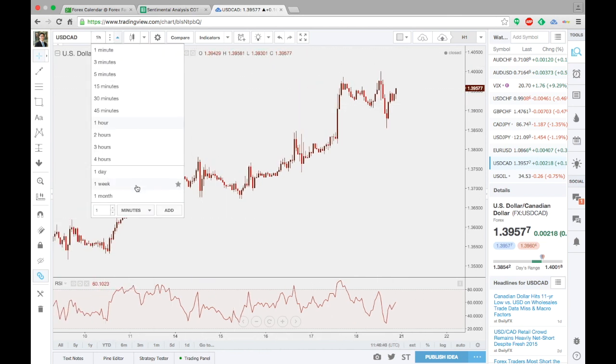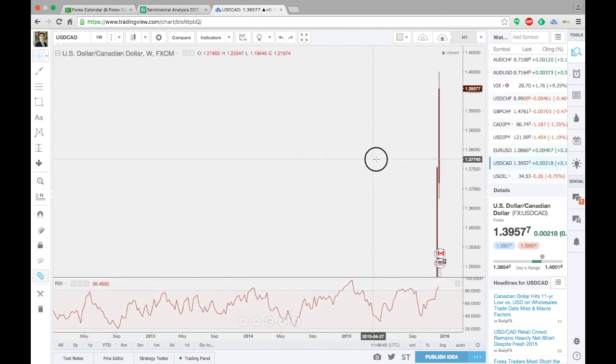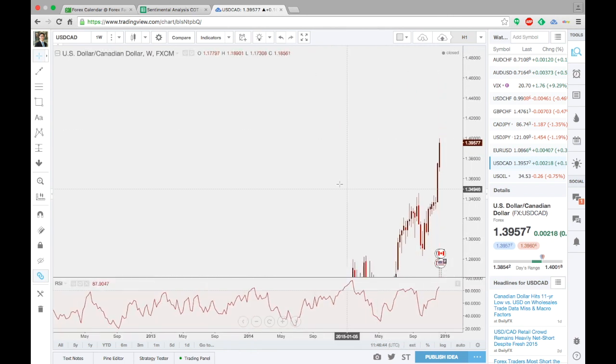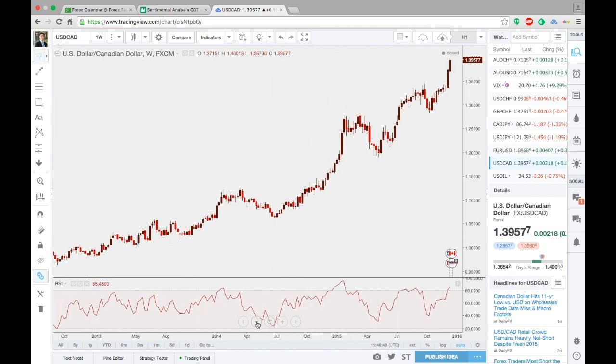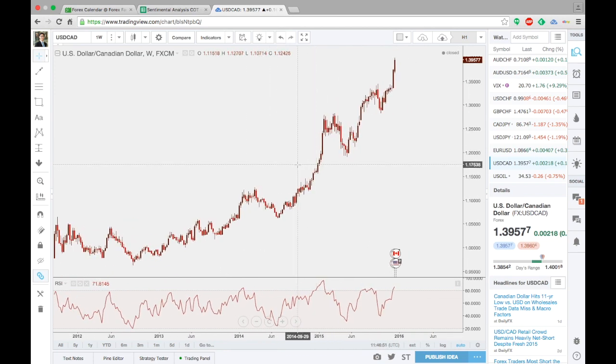Let me bring you through how price has moved over that period of time. This is on a weekly time frame. You can see that from 2013 all the way until 2015, we have seen price move significantly upwards.